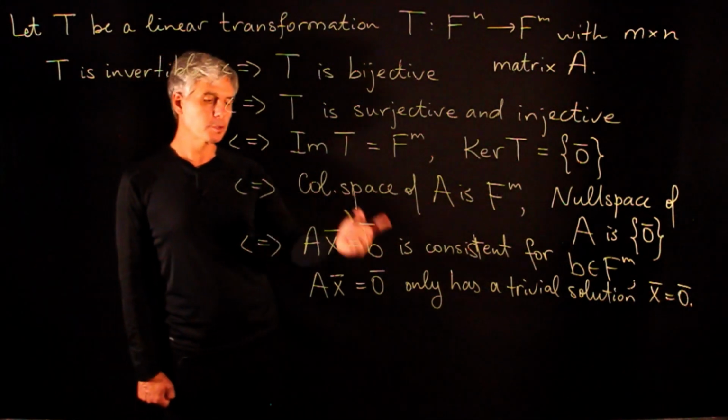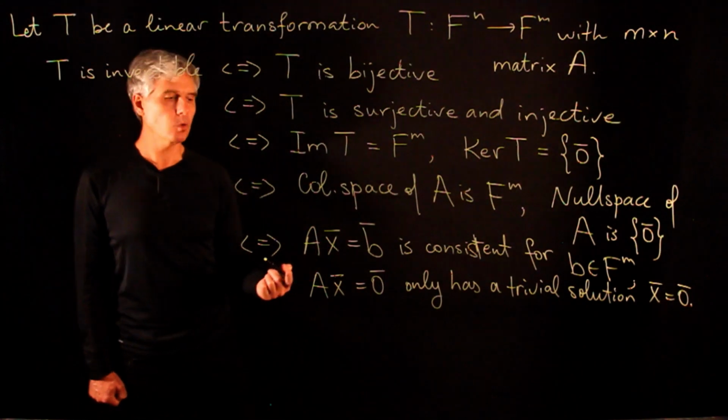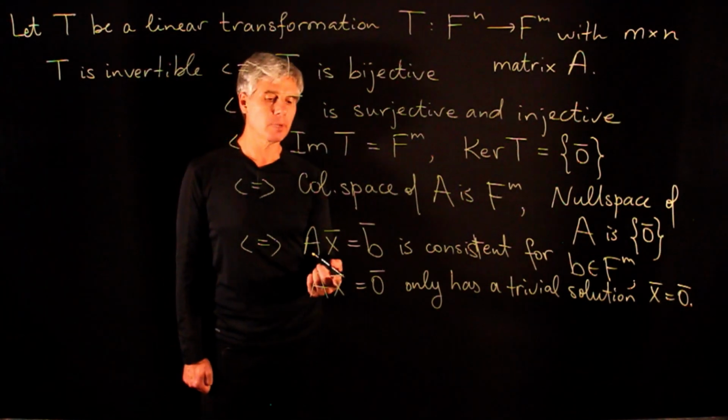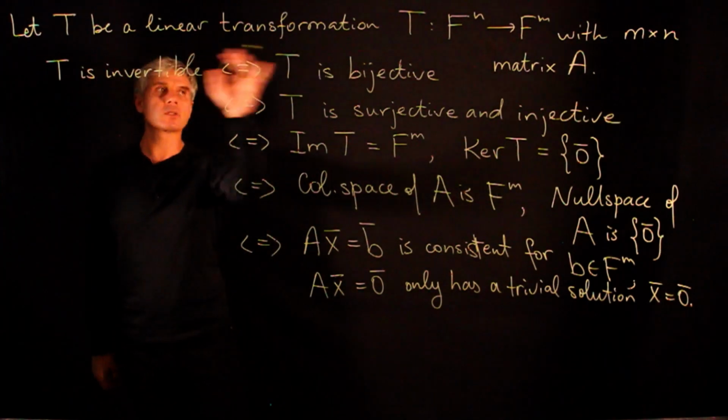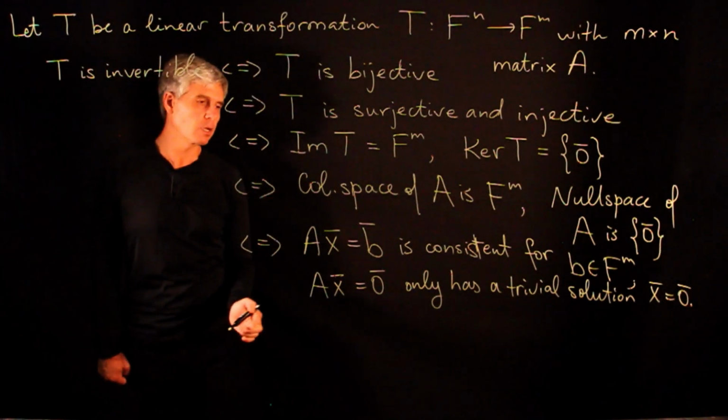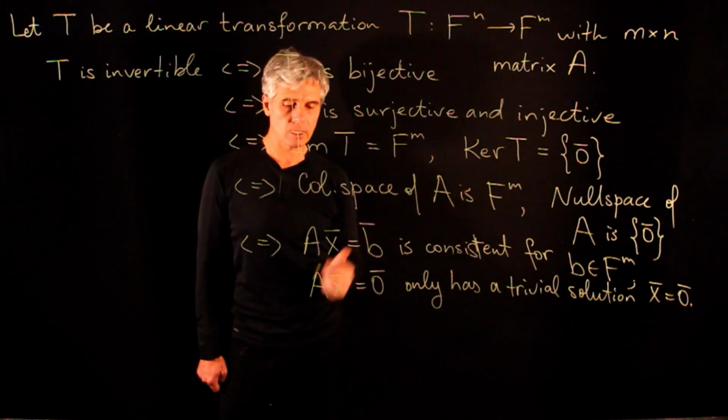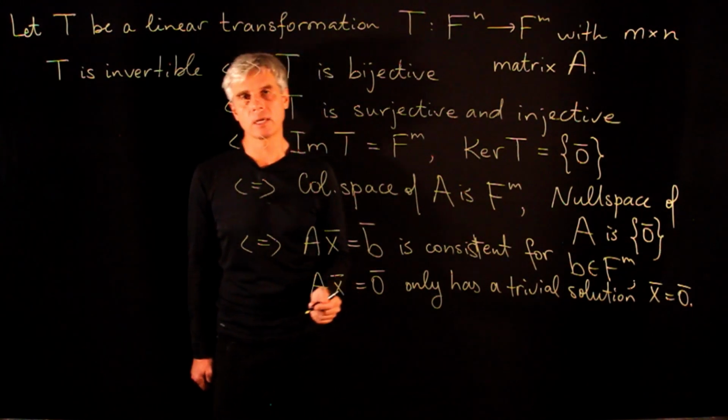We looped back to the very beginning of our course, and now we're already talking about systems of linear equations. So we connected properties of linear transformations to properties of systems of linear equations.